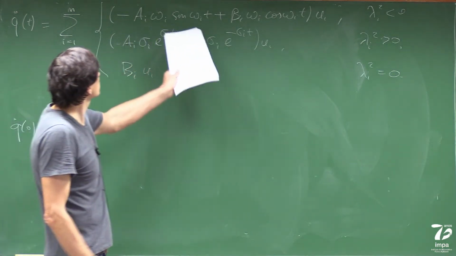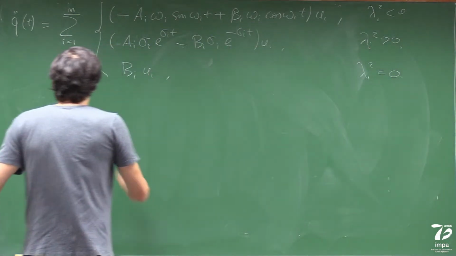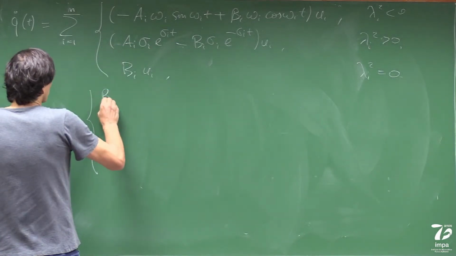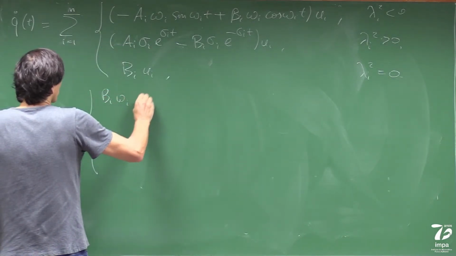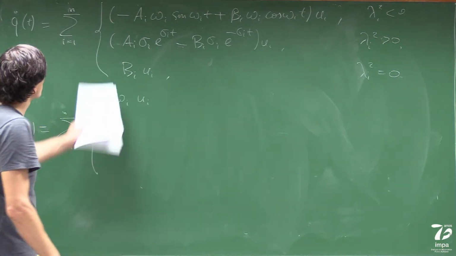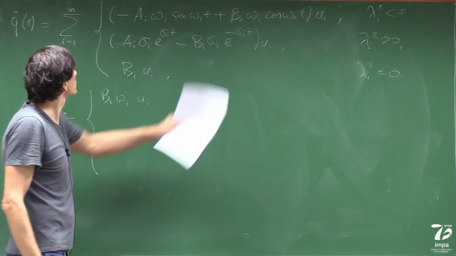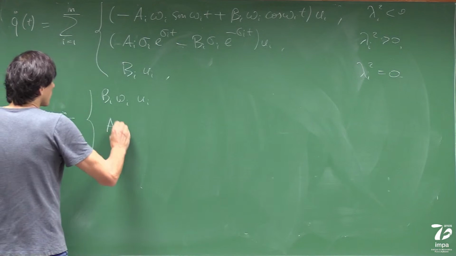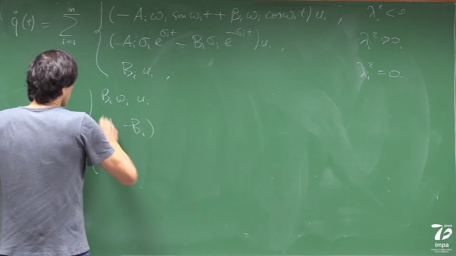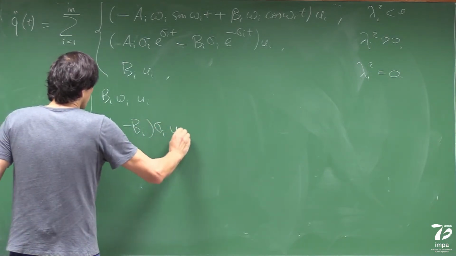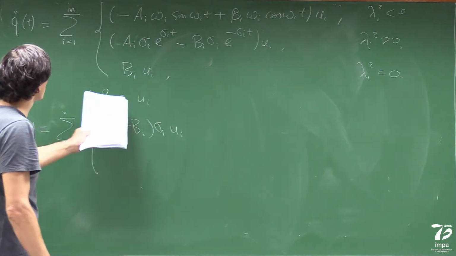So this is 0. This gives 1, right? So it will be b_i omega_i u_i. Here the exponent gives 1, so it's a_i minus b_i sigma_i. And here it's just the same.